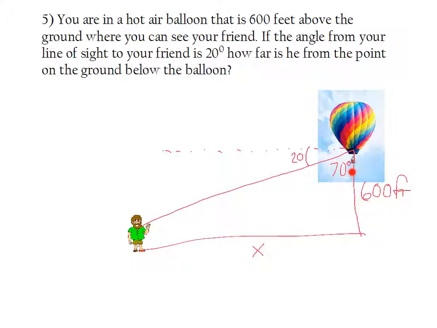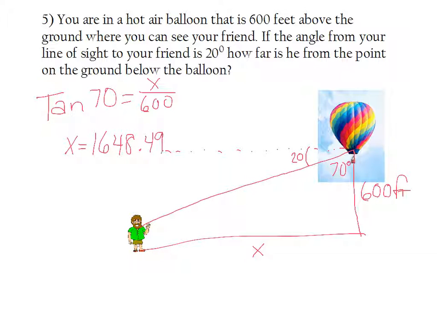From my angle that I know, I have adjacent, and I'm looking for opposite. That's tangent. Tangent of 70 degrees is equal to opposite over adjacent. You're just going to type in your calculator, tangent of 70, multiply it by 600, and we get 1,648.49 feet.